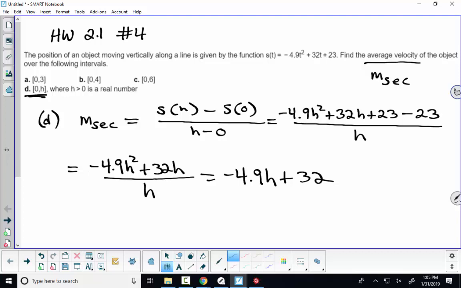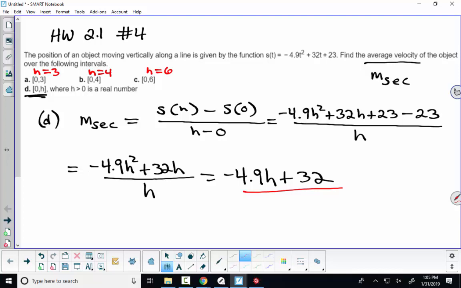And if you want to go back and do part A, h equals 3, part B, h equals 4, and h equals 6 in part C, then we can just plug 3, 4, and 6 into this function, and you're going to get the same result you got in parts A, B, and C when you calculated those numerical slopes.